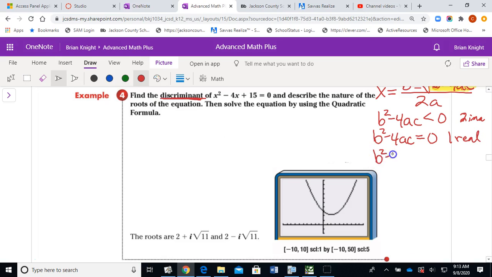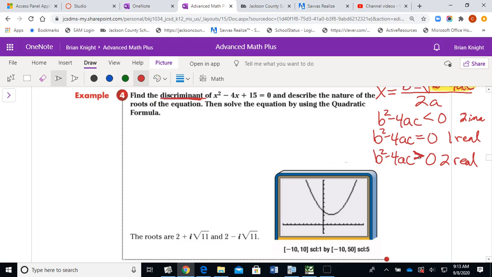And if b squared minus 4ac is greater than 0, which means it's positive, you will have 2 real answers. Now, hopefully, your first question is, how can it only have 1 real answer if it's a quadratic? Because if it's a quadratic, how many answers are we supposed to have? 2. Always 2 real or 2 imaginary.